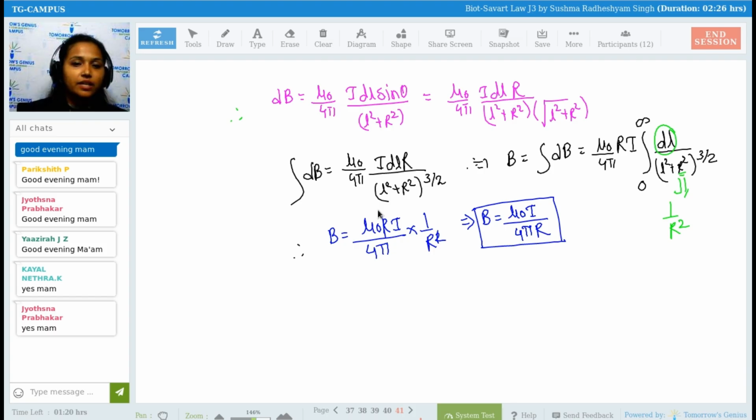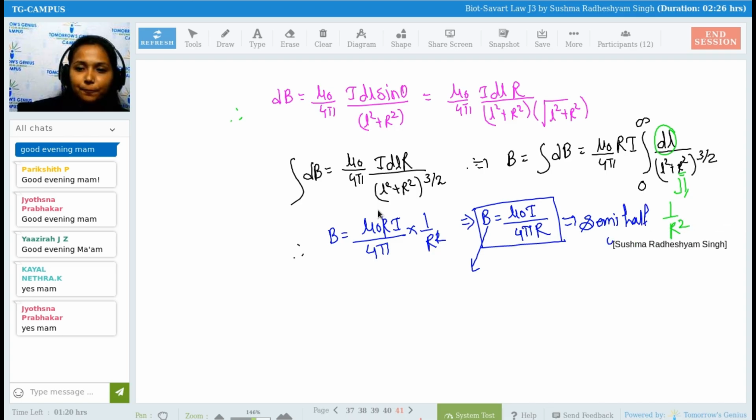Now students, tell me, this is your magnetic field because of what? Complete conducting wire or half conducting wire? This is your magnetic field because of the semi-infinite, or half, wire.